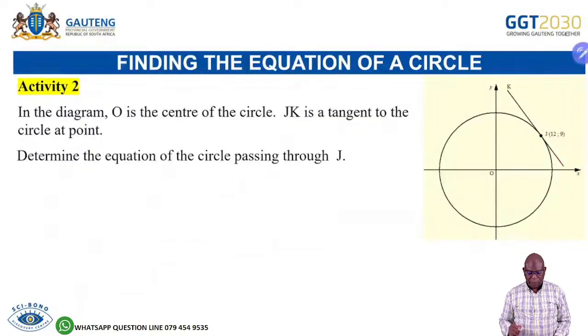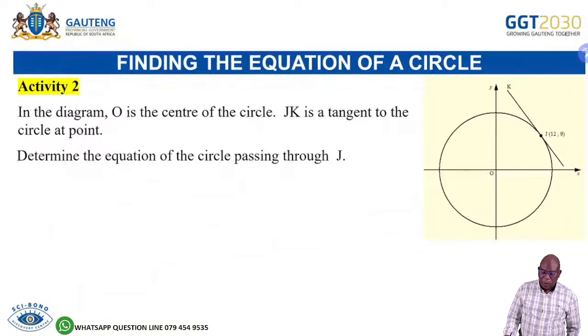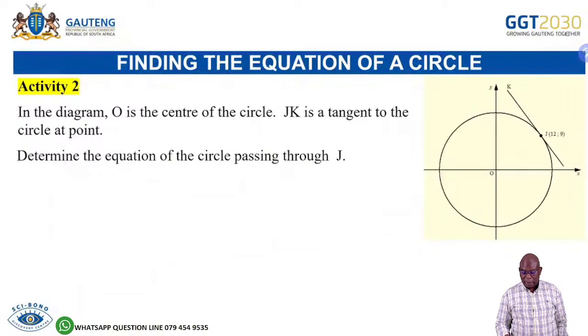All right. Now looking at activity number 2, how do I find the equation of the circle if I'm given that? In this case, there is a line that is passing through that point J here, which is 12 and 9. So 12 and 9 is a point on the circle.